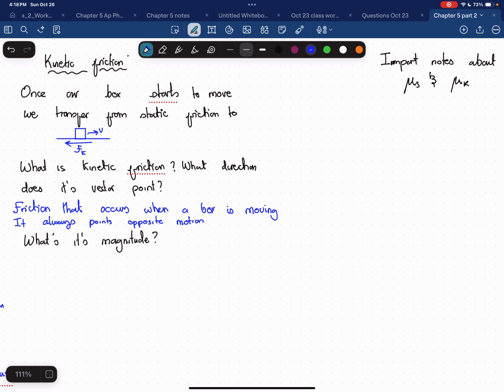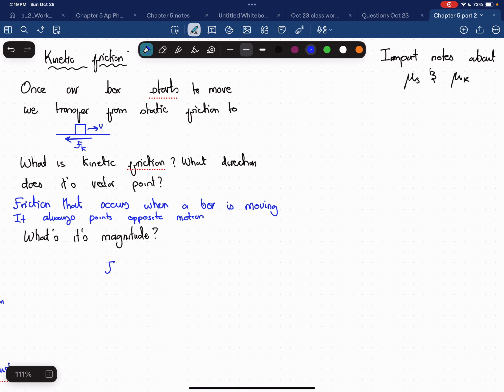So now, what's the magnitude of kinetic friction? I want you to think of kinetic friction as almost ever-present. There's no cap beyond which we don't have kinetic friction, so we don't need the greater than or equal to sign or less than or equal to sign. The magnitude of kinetic friction is mu sub k times n.